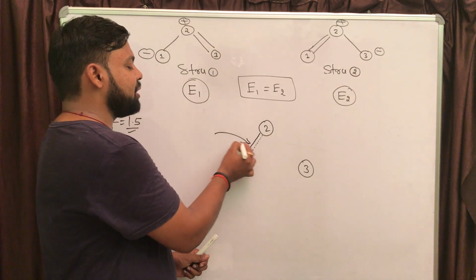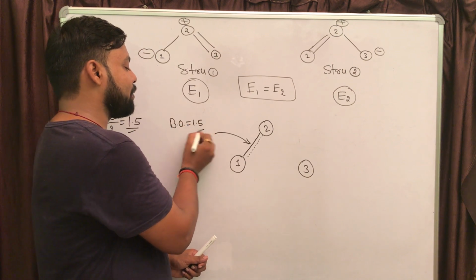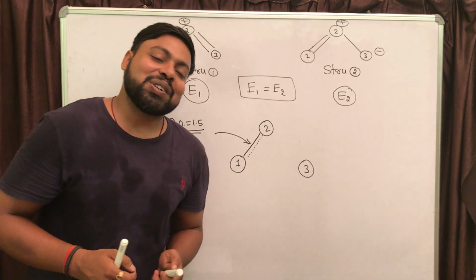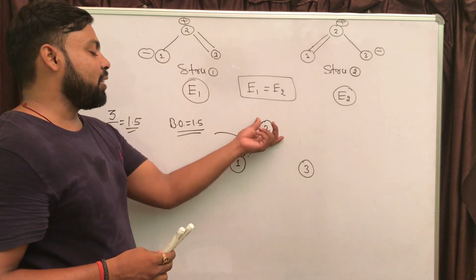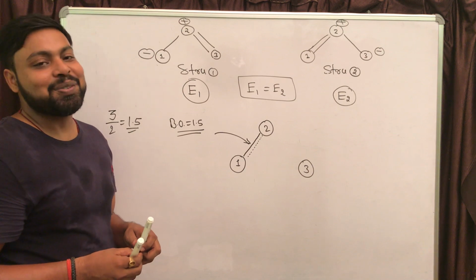Further, we'll mention that the bond order here is 1.5. Remember the definition of bond order: the number of covalent bonds present between two atoms. Here, between oxygen 1 and 2, the number of covalent bonds is 1.5. So the bond order written here is 1.5.